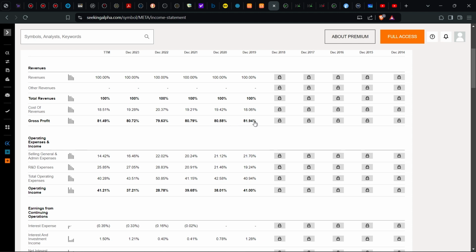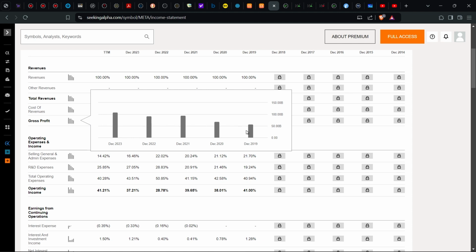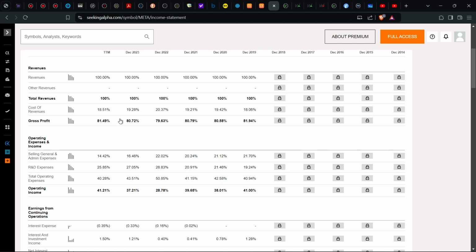You can see for them here, it's not even too big of an issue if this number stays flat for a while, because it's already very high. And if it continues to increase, because you can see it's increasing, this is 2019 and this is 2023, you can see from 2019 coming forward there has been an upward trend. This trend is quite encouraging, and that's what makes these businesses quite attractive to investors.